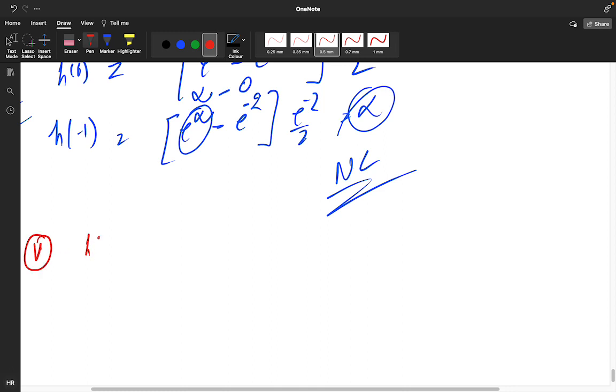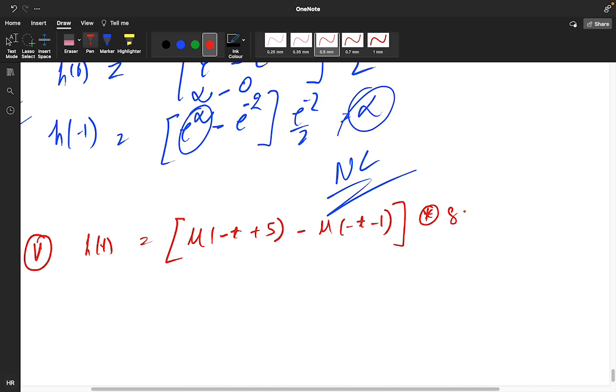What about this? If I give you h of t equal to u of minus t plus 5 minus u of minus t minus 1, convolution with delta t plus 2. Yes, this is the question.